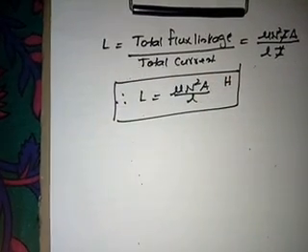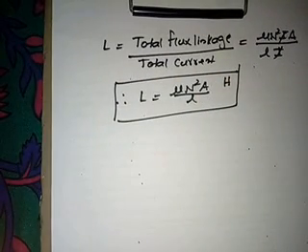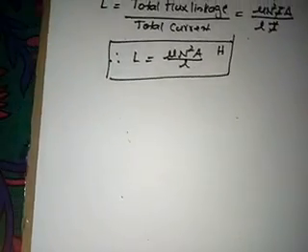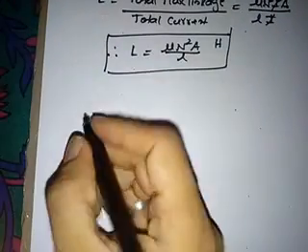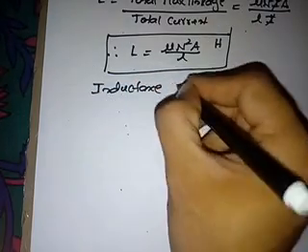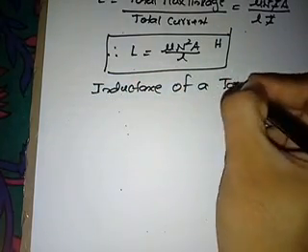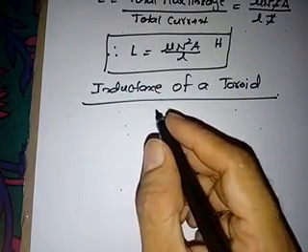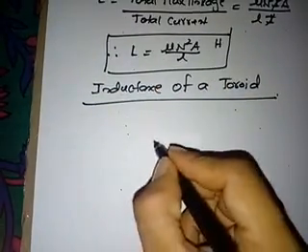Okay students, next is the equation for inductance of a toroid. So let us derive that. Inductance of a toroid. So consider a toroidal ring.